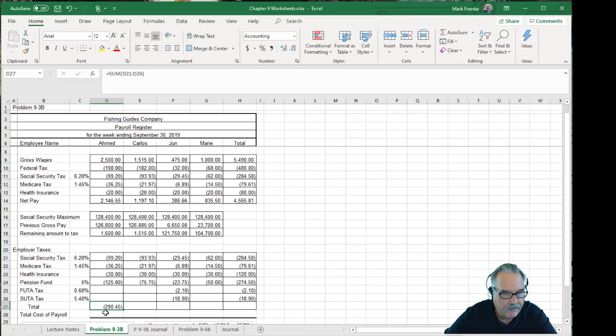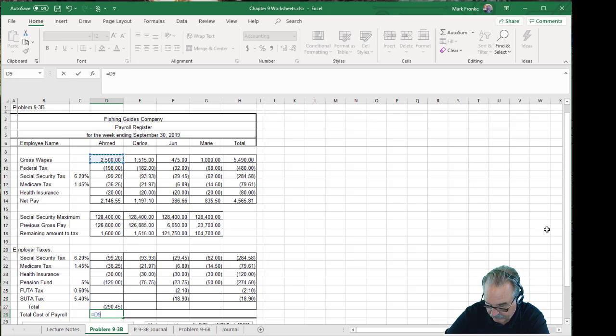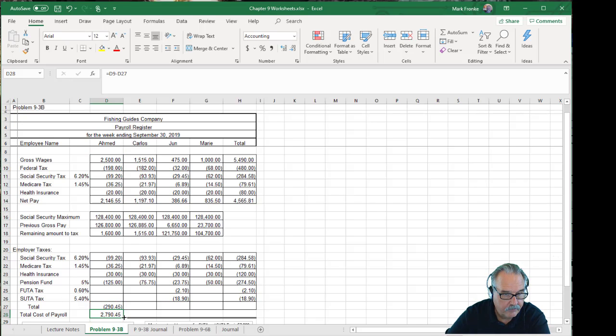and add together with the gross wages, so I've shown these deductions in effect as negative amounts, but one of the requirements of the problem is to prepare the total cost of payroll.